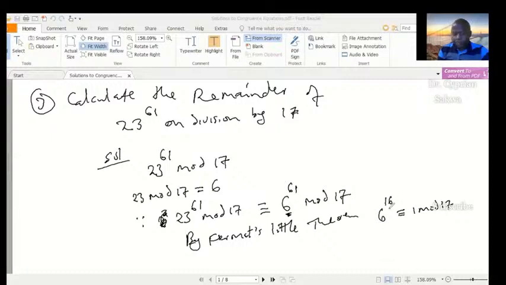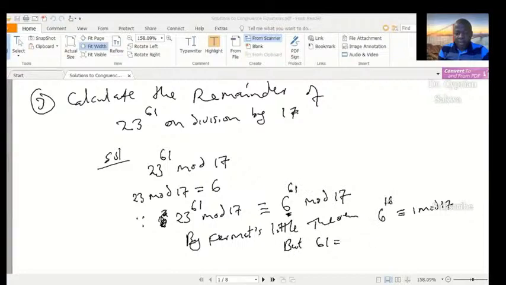That's true. But what we want is 6 raised to 61. So we want now to write 61 in terms of 16.